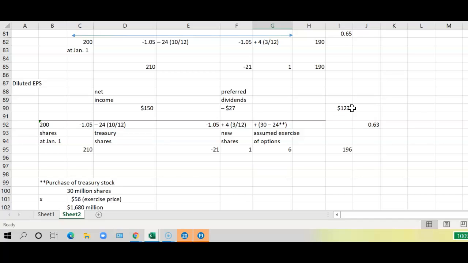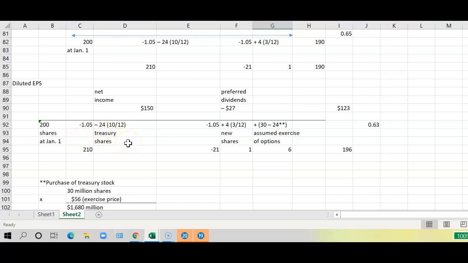So that is the only potential shares that could be outstanding. And we assume that happened at the beginning of the year. And you know how they started out with the weighted shares of 210 million. It's the 200 million times 1.05 for the stock dividend.